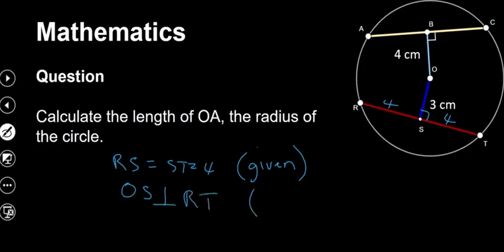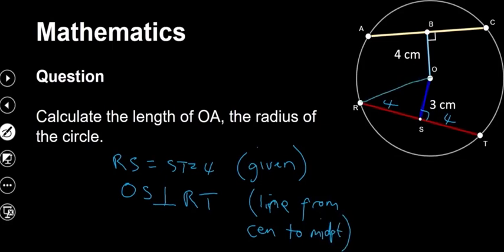Remember my reason. I said line from center to midpoint, right, is perpendicular to that. So already I know that. Why am I doing this? Because I am now trying to find OR, because that's where I have sufficient information.